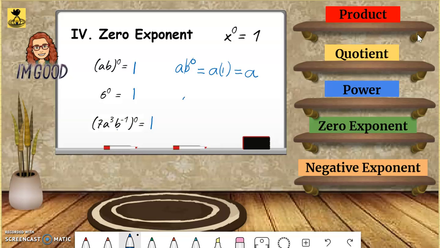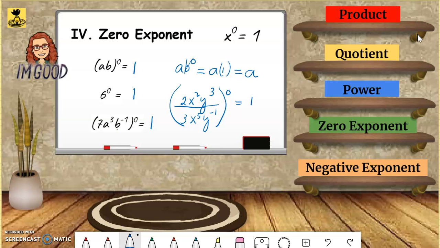If I have (2x squared y cubed over 3x to the power of 5 y to the power of negative 1), and all of it is raised to the power of 0, of course it's equal to 1, right?